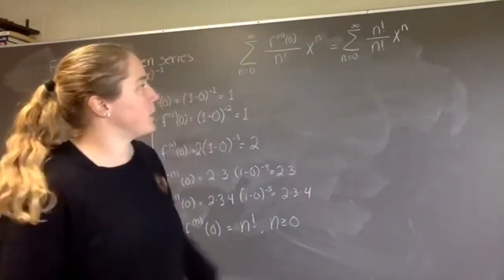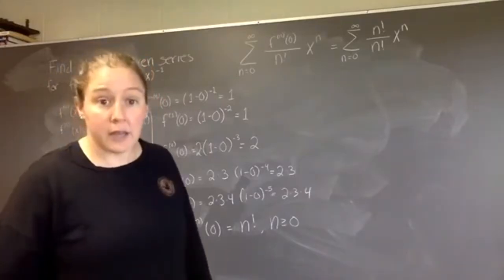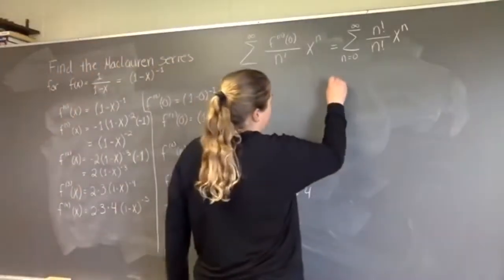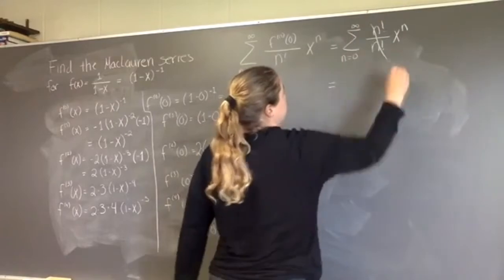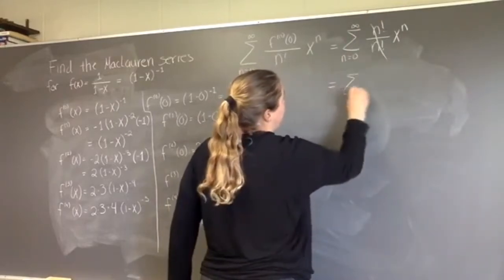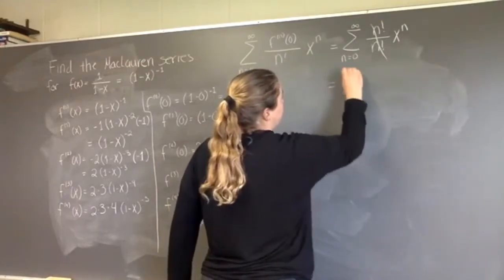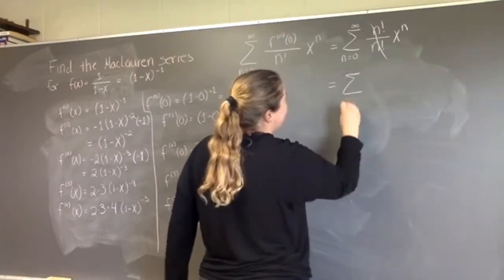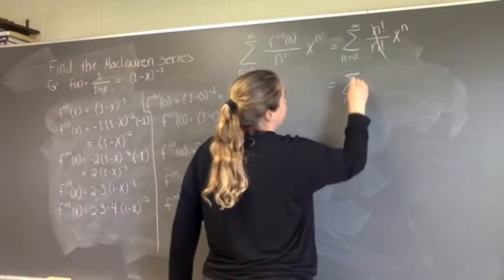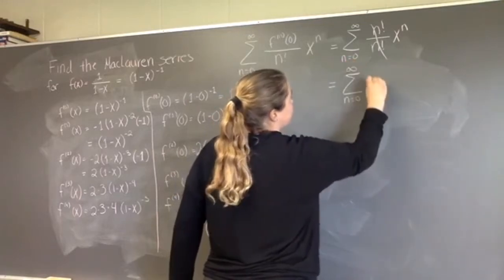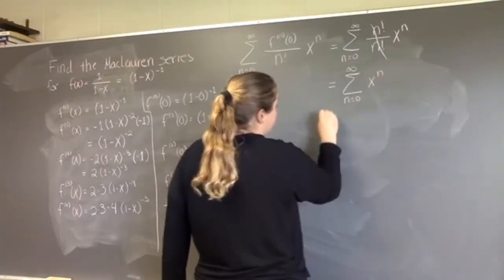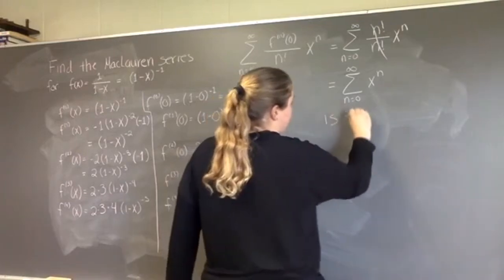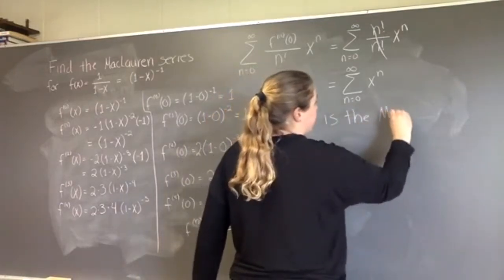So it's just n factorial over n factorial times x to the n, which just cancel each other out, and we have the sum from n equals 0 to infinity of x to the n as the Maclaurin series.